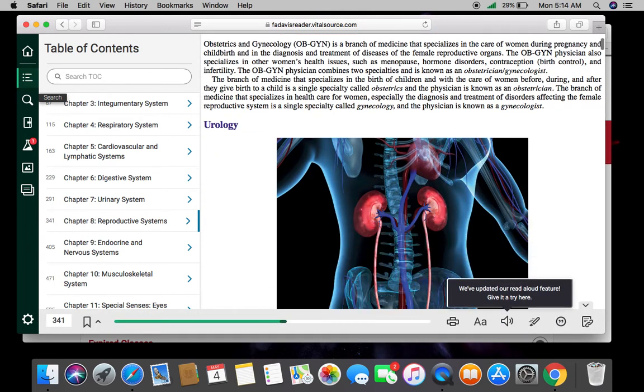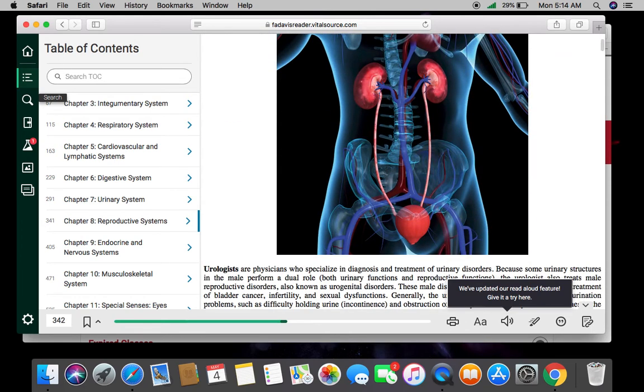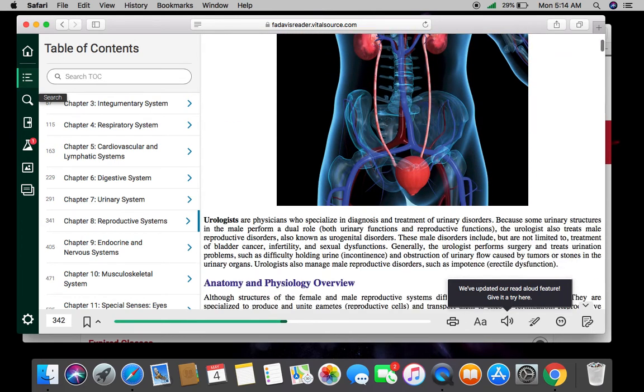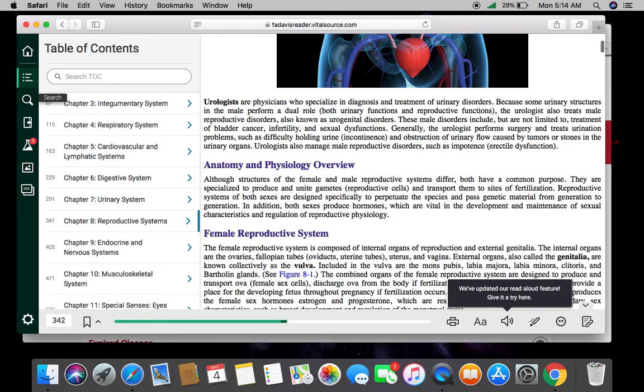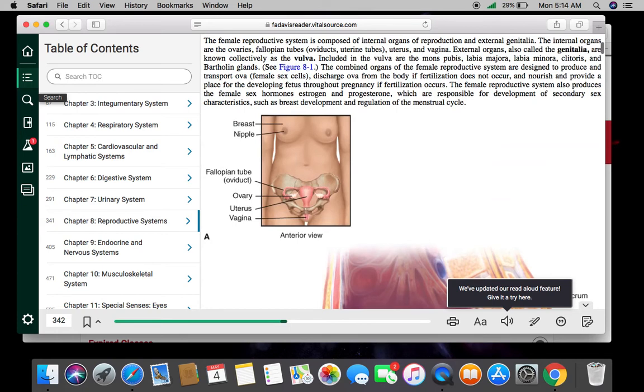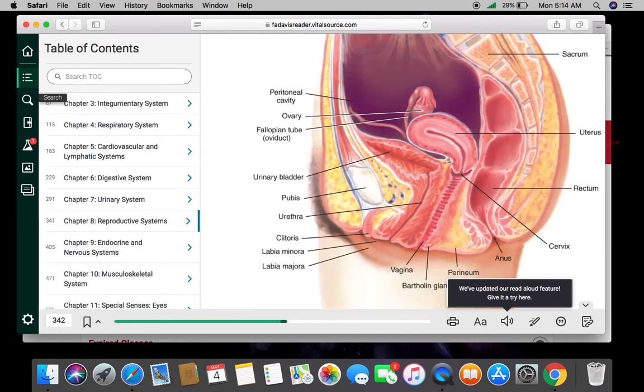All these people, urology most likely went through internal medicine first, but not necessarily. Now, these are nice pictures, nice to know, but you'll definitely need to know them a little bit better when you get into anatomy and physiology.